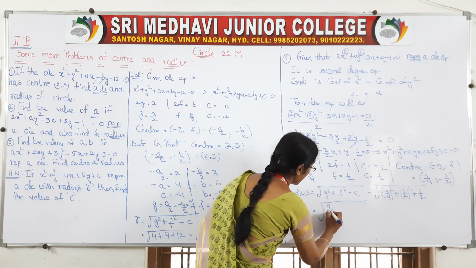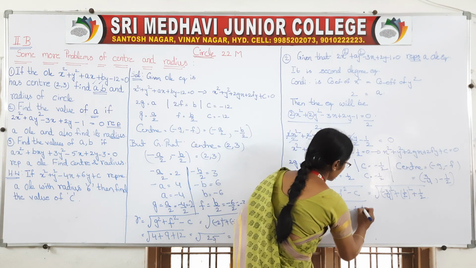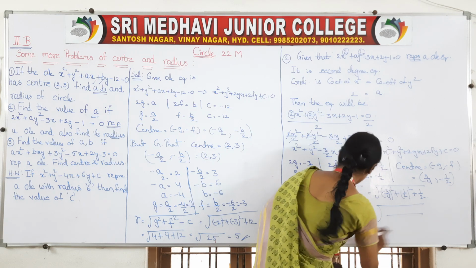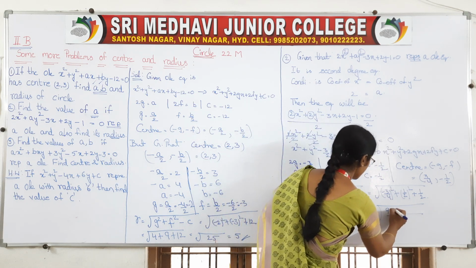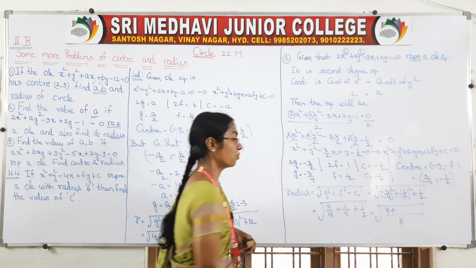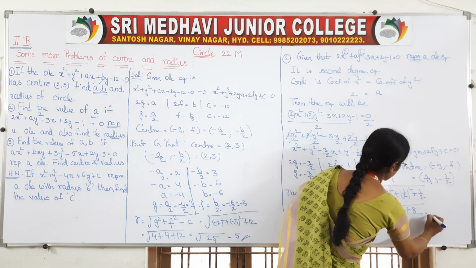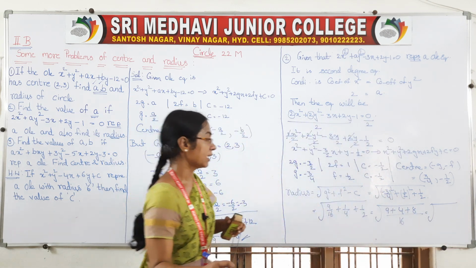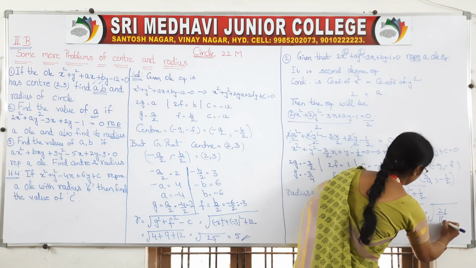Square: 9 by 16 plus 1 by 4 plus 1 by 2. Taking the LCM, the LCM is 16. So it is 9 plus 4, 4 4s are 16, 2 8s are 16. So it is root of 9 plus 4 is 13, 13 plus 8 is 21 by 16.